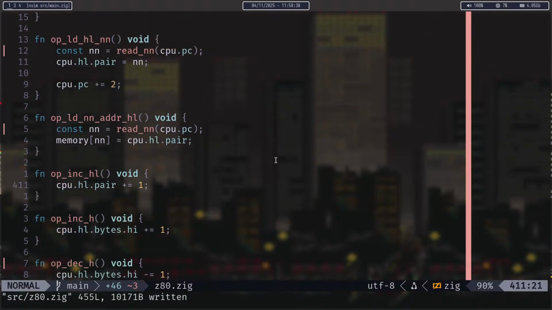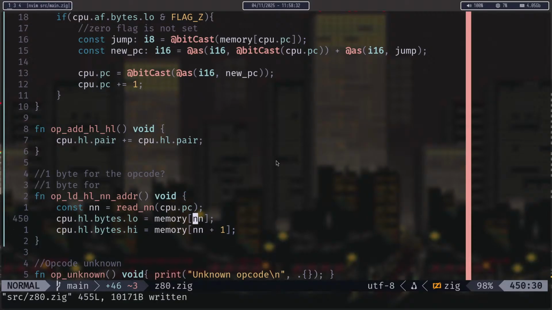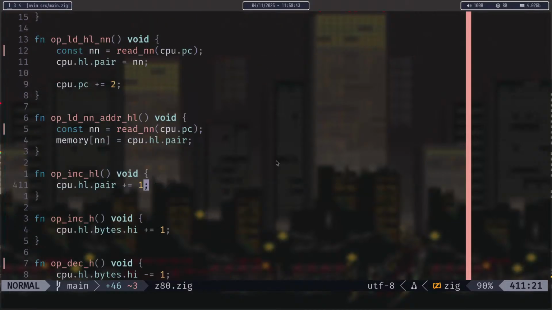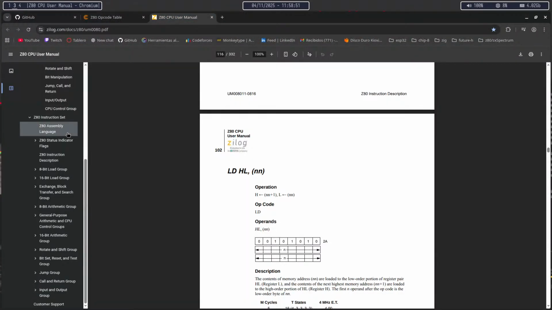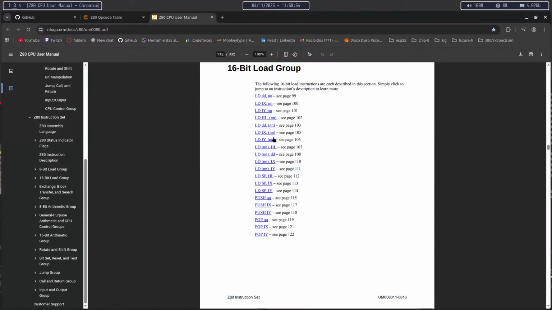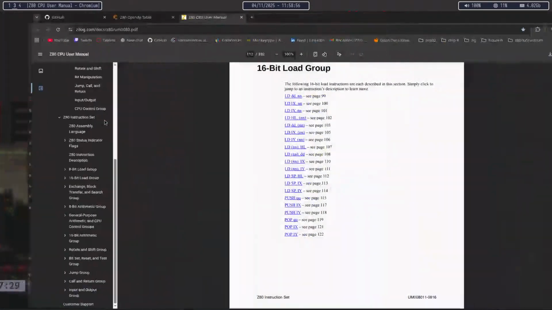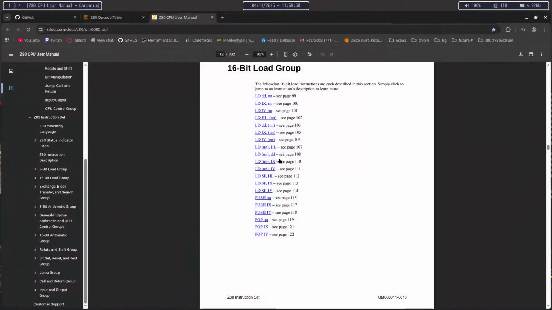Okay, I have to take a quick look at all this stuff. I'm storing whatever is in the address of it. Up here, for example, memory NN equals that. Because I should probably take a look at this instruction as well. So this is load NN address HL.